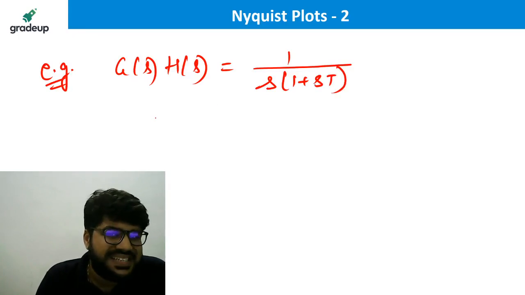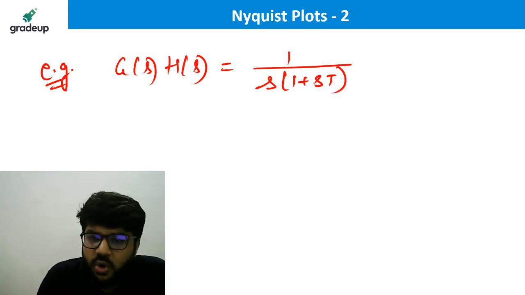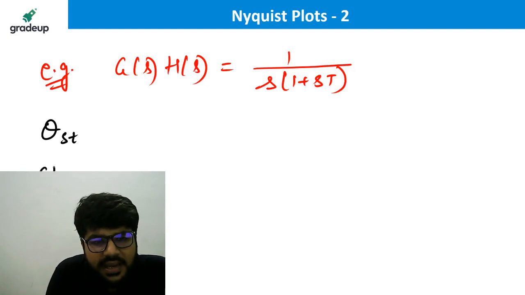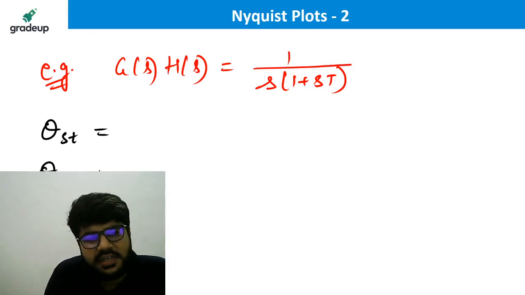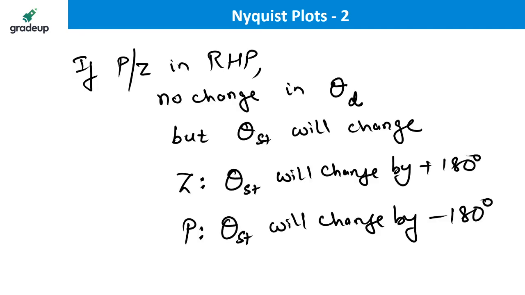One by s, 1 plus sT. So guys, no need to expand any formula. Just tell me what is the starting angle and what is the diving angle for this. Looking into the function, you will be able to say the starting angle. Starting angle is minus 90 degree into n. If it is multiple, suppose 2 poles, then twice of minus 180.